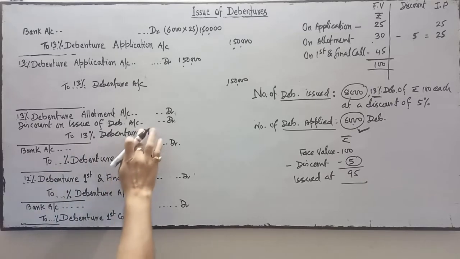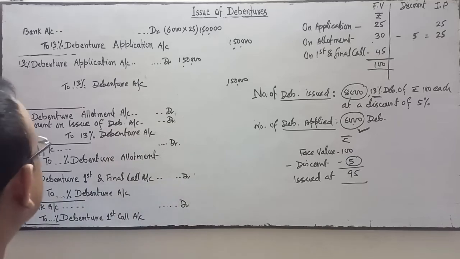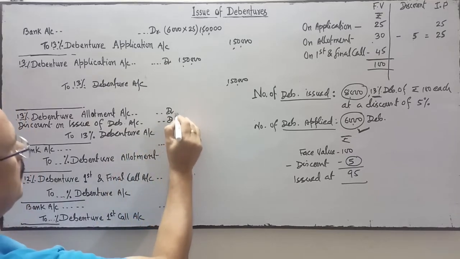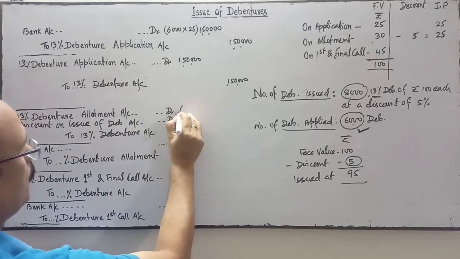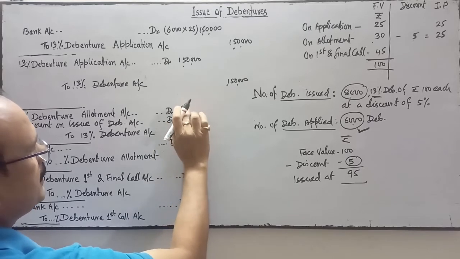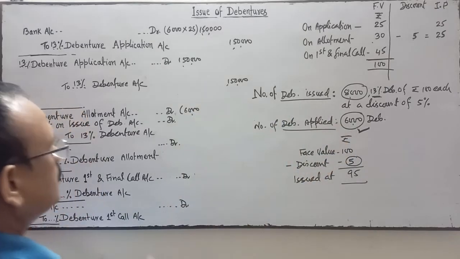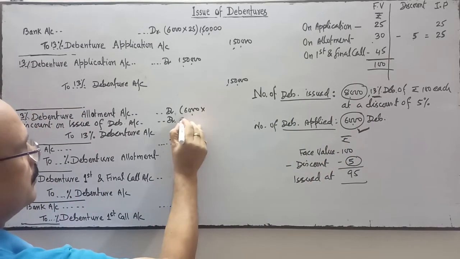Okay, so now see how I'm going to calculate this amount. Here in debenture allotment, 6,000 is the number of debentures applied by the public.